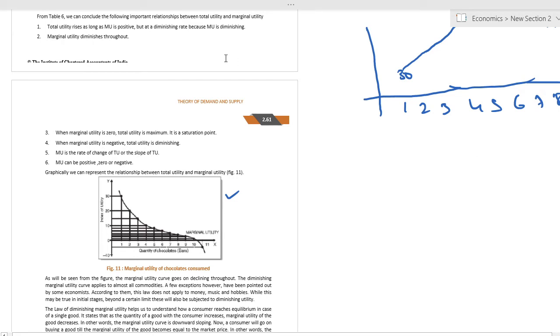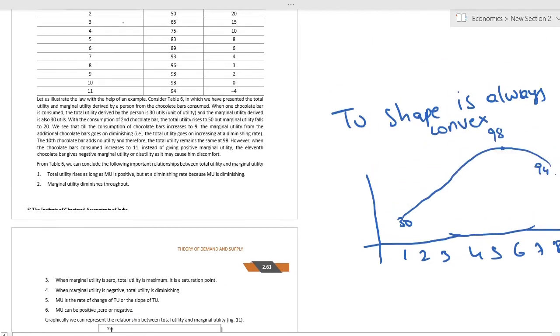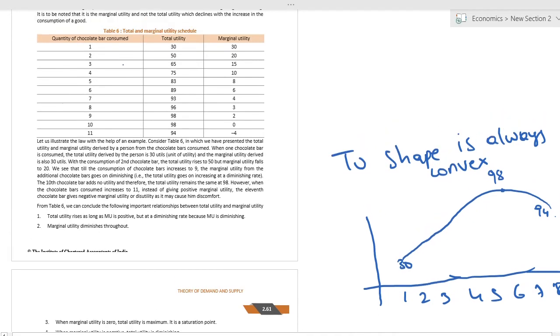Let us see the characteristics. First one is TU rises as long as MU is positive, but at a diminishing rate, because MU is diminishing. So as long as MU is positive, TU will rise. If you see 30, 50, 65, 75, 83, 89, 93, 96, 98, as long as MU is positive, it is rising, right?